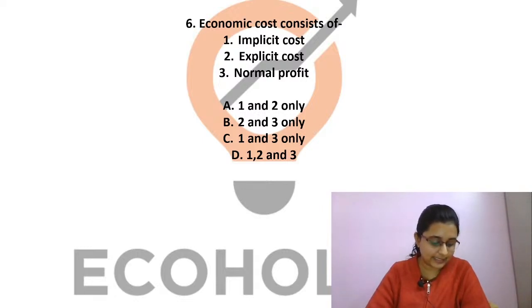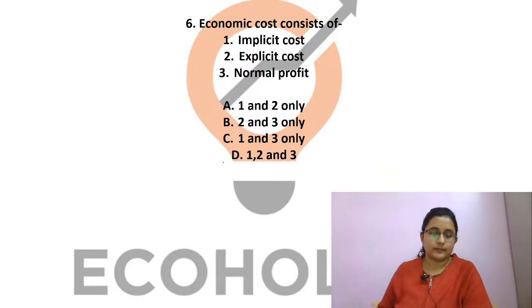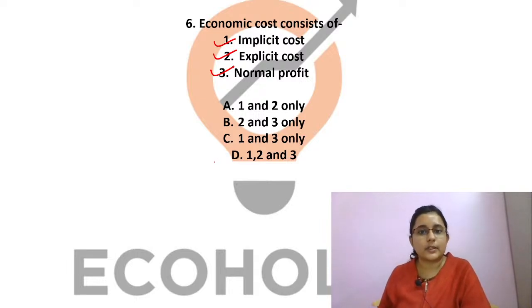Okay, Pranay, Ashay, very good, excellent. Ramat, correct, very nice. So, economic cost actually consists of implicit cost, explicit cost, and normal profit. All three are a part of economic cost.